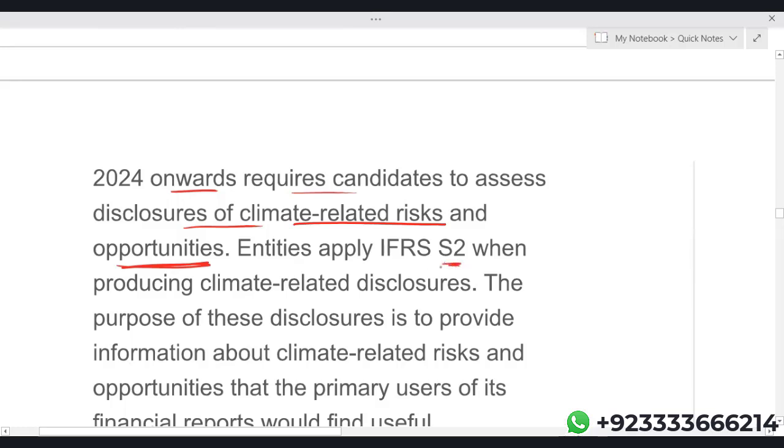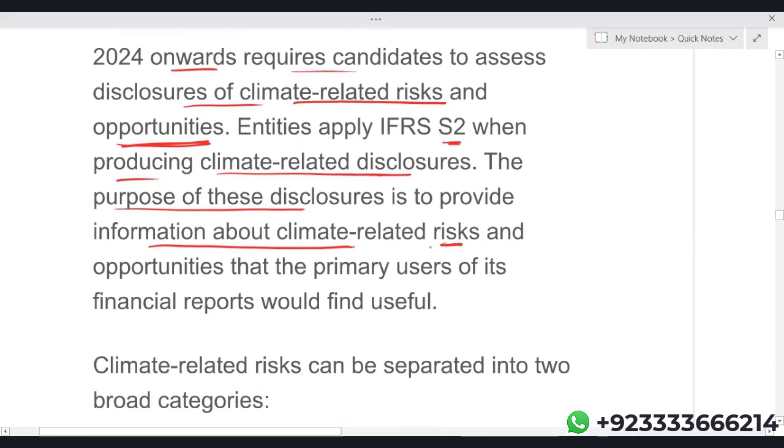Apply IFRS 2 when producing climate-related disclosures. The purpose of these disclosures is to provide information about climate-related risks and opportunities that primary users of its financial reports would find useful.